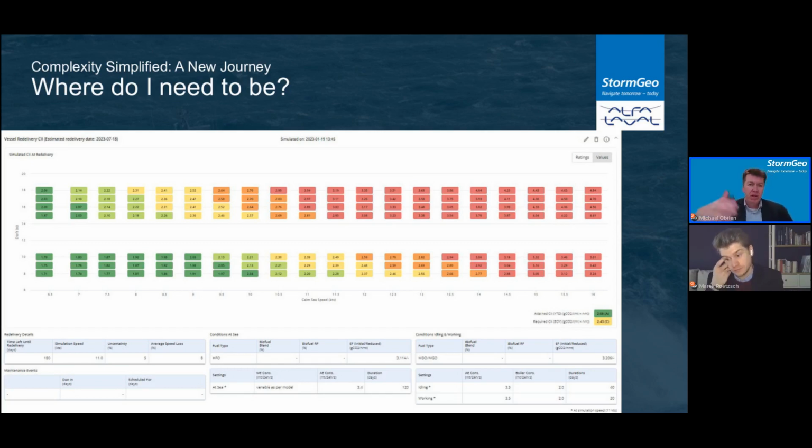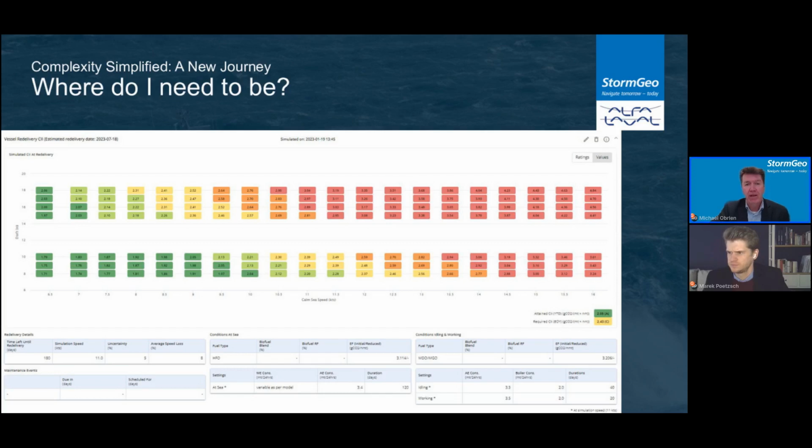Now, envision a situation where you have an agreed upon CII, and now you need to simulate, all right, I need to commercially operate this vessel, and I also have to think in terms of where I need to be when I redeliver this vessel. So in this particular simulation that I pulled out, you could look and say that, okay, in this case, I want to be running her at about 9 meters of draft, and I want to redeliver it at 2.39 grams of CO2 per deadweight ton nautical mile.